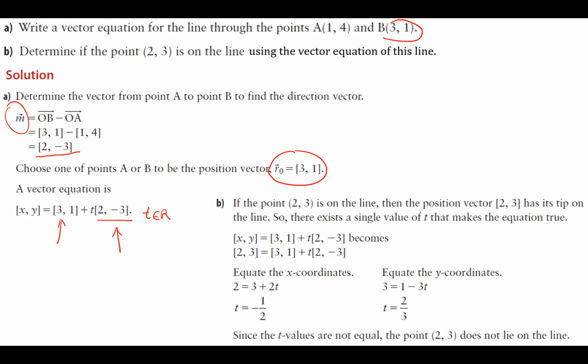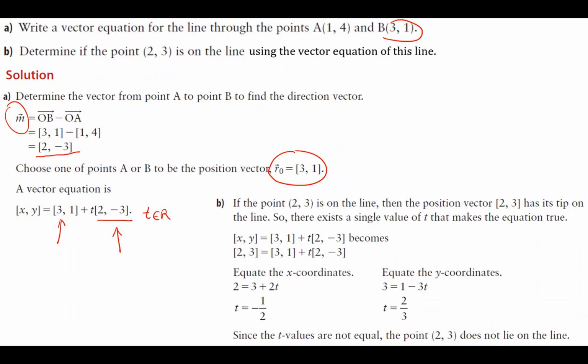Since the t values are not equal, there is no solution of t such that the x coordinates are equal and the y coordinates are equal, right? There is simply no solution for this. So the point 2, 3 does not lie on the line. Okay, any questions?